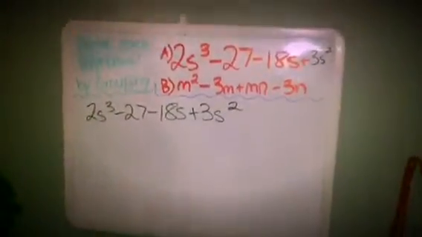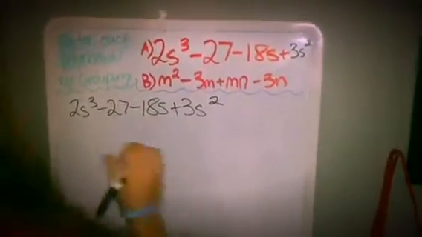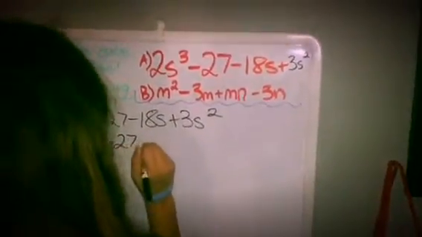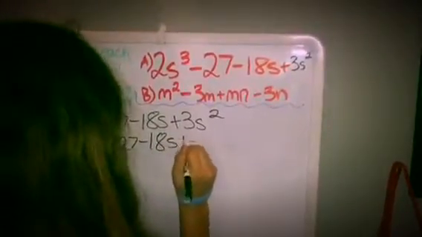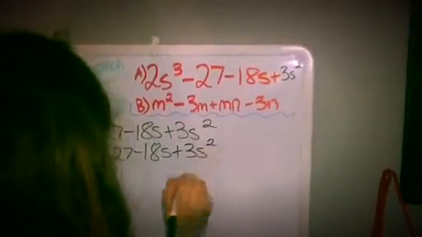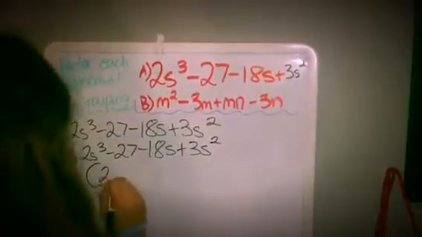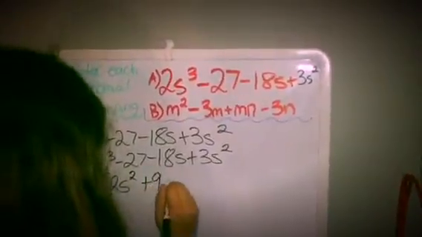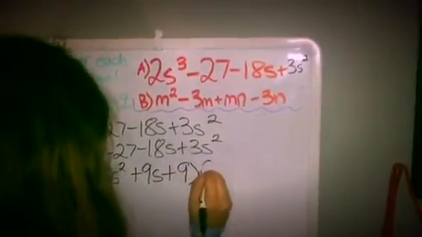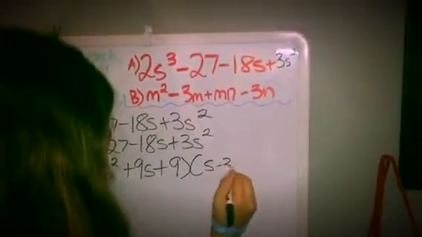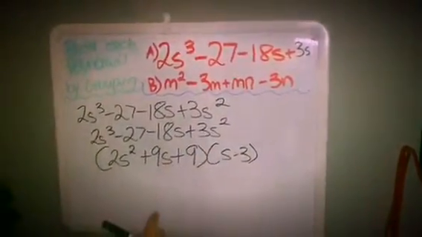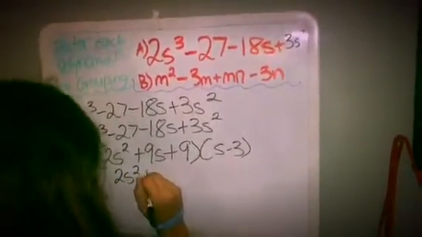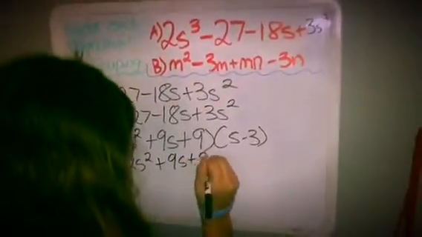We would factor it, which turns into 2s squared plus 9s plus 9 in parentheses, times s minus 3.